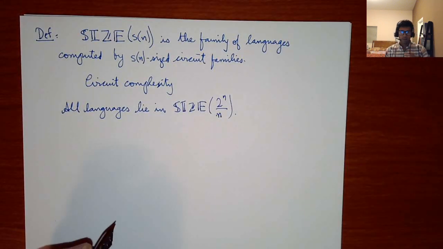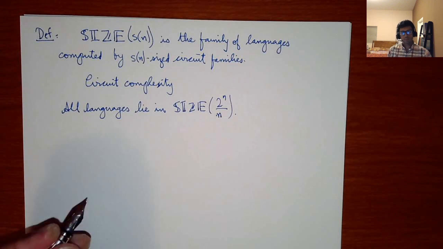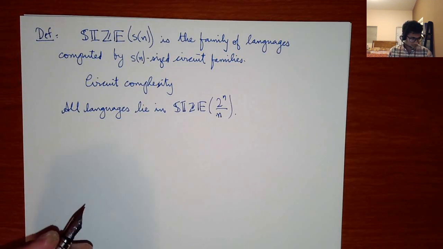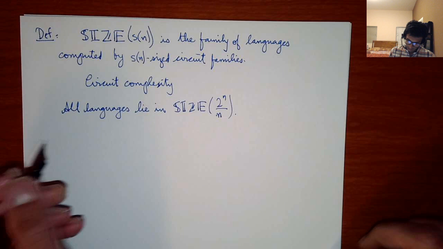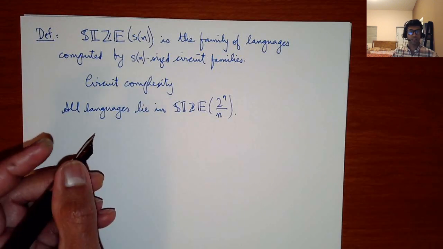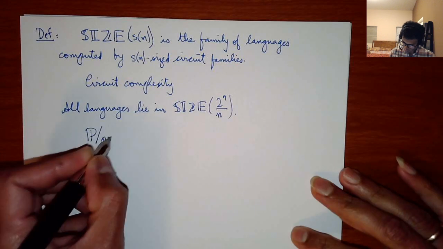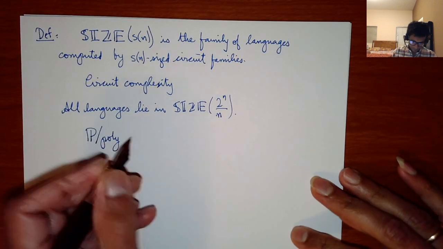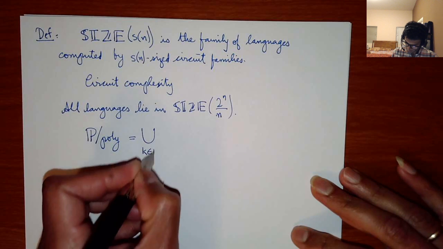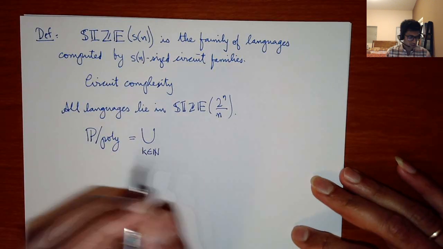And now we can start asking, what can be computed by circuits that are smaller? And this brings the next complexity class of interest, which is called P/poly, which is all functions computable by polynomial sized circuits.